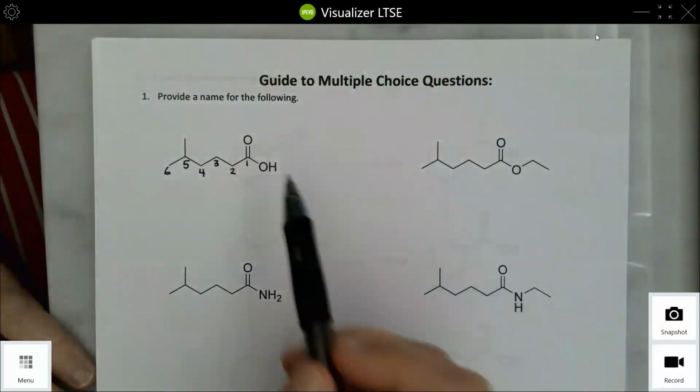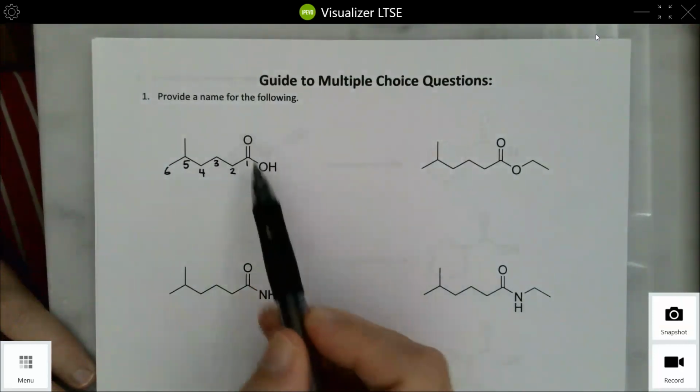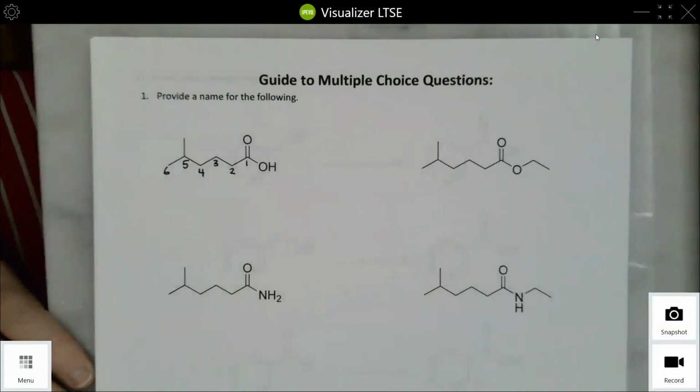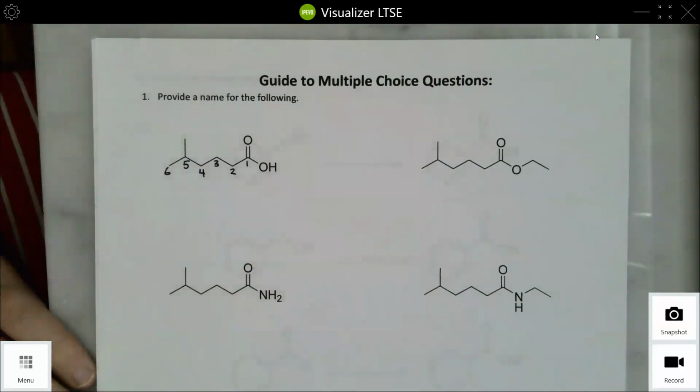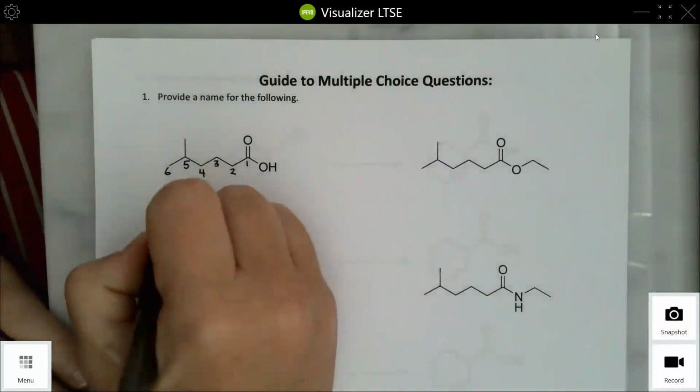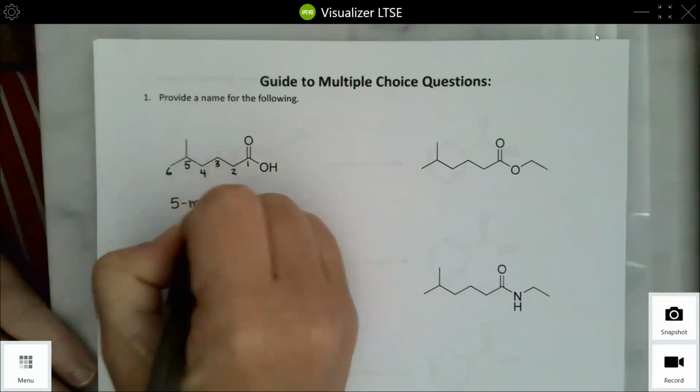Carboxylic acids are like aldehydes. They're always at the end of a chain. So this is always carbon number 1. So we don't need to include that in the parent. There is one substituent, which is a 5-methyl group, right? So we would write 5-methyl.